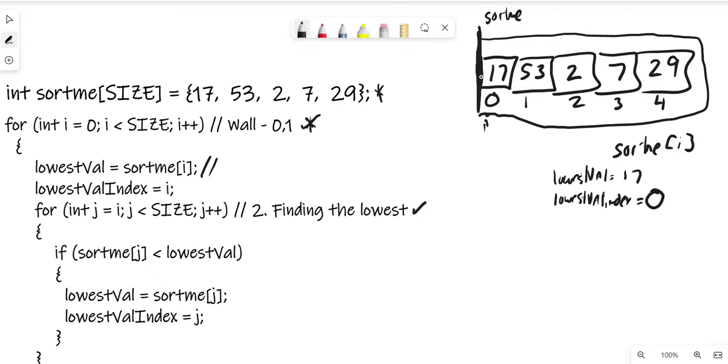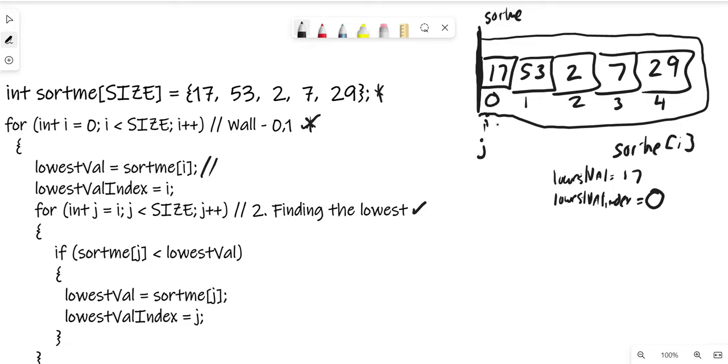i equals 0. Which means that this inner loop has a second control variable called j. And we said that j is always going to start at the lowest index of the unsorted array. And I said that the pattern here is that as i moves up, so will j, right?